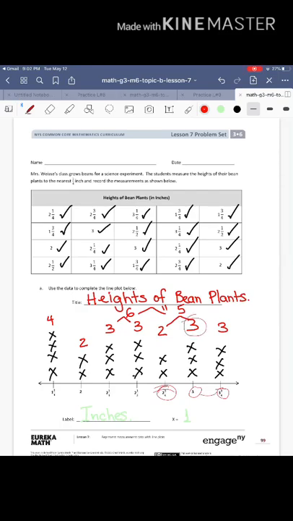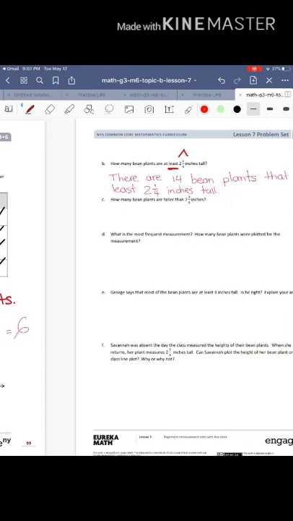So we have 3 here and 3 here. When we add it up, our total is 6.